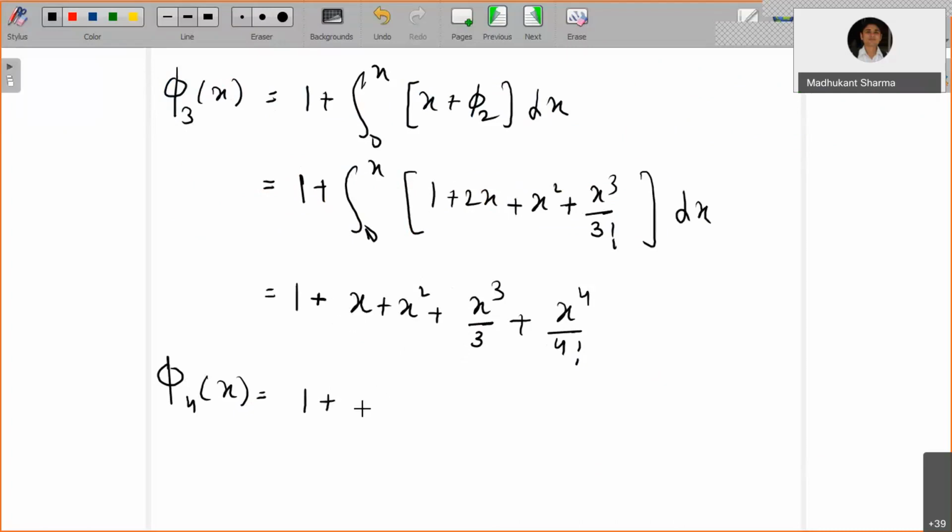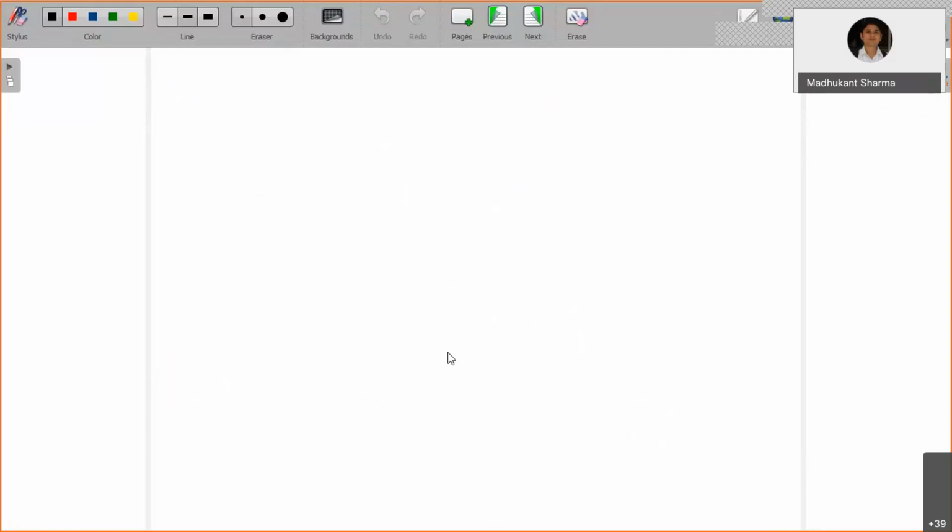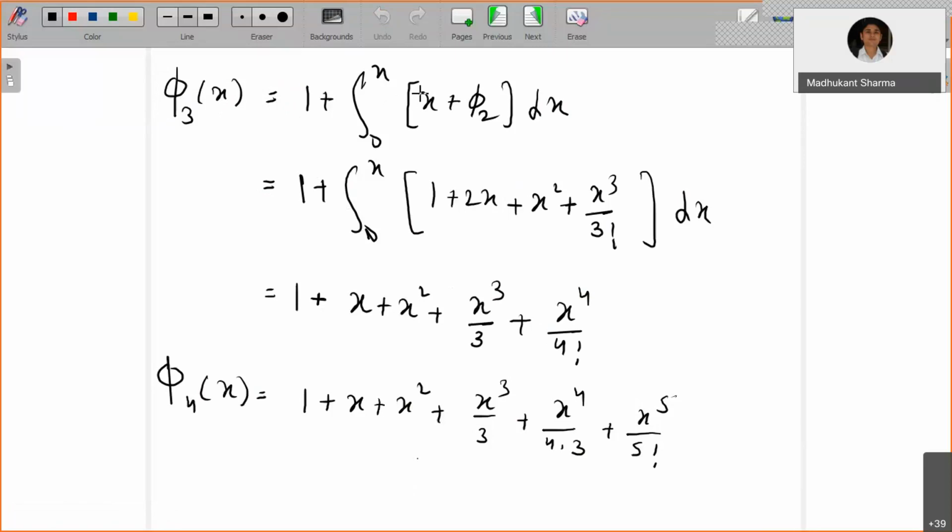So that will be 1 plus x square plus x cube by 3 plus x power 4 by 4 into 3 plus x power 5 by 5 factorial, and so on.